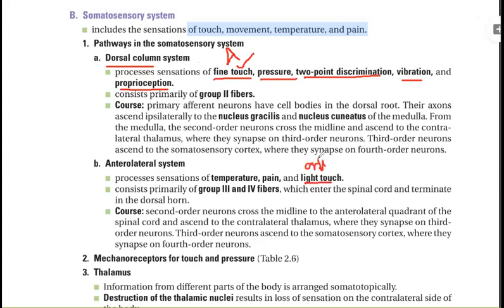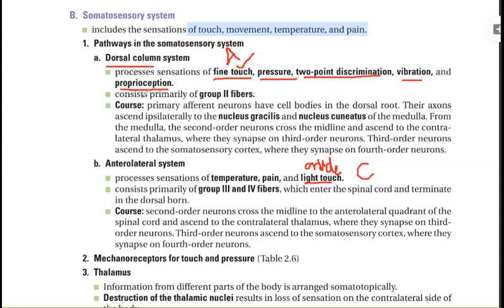When I talk about light touch and crude touch, we are dealing with fibers that are slow, so I am talking about C fibers here. If anyone has missed that class on fiber types, please go to the previous recorded lectures in your drive and listen to it. That is a very important topic for exams.